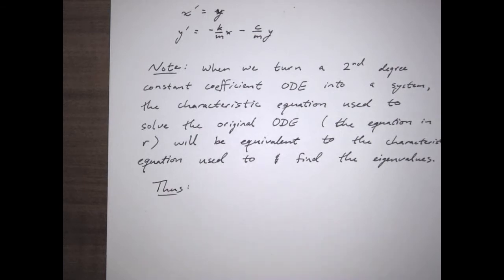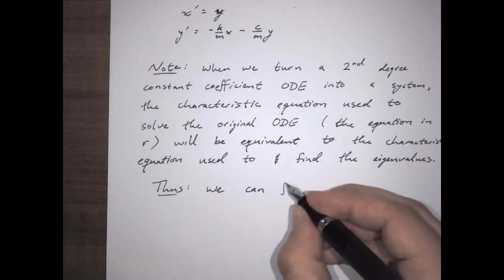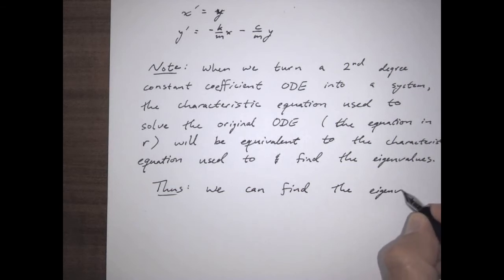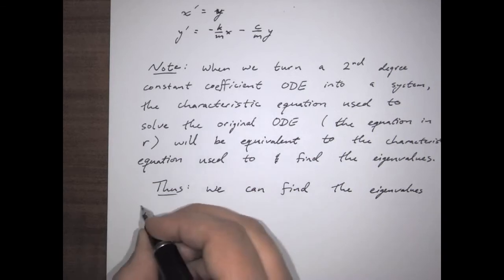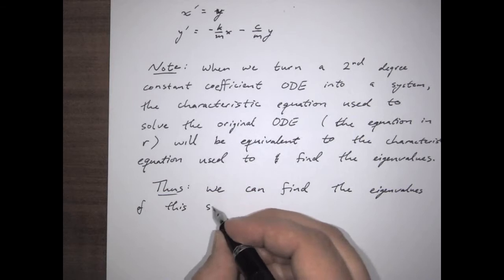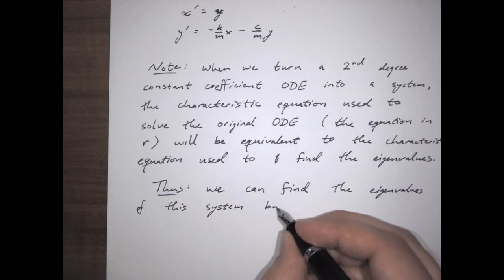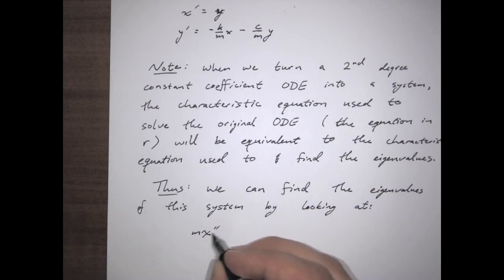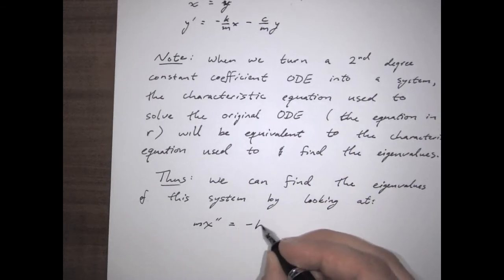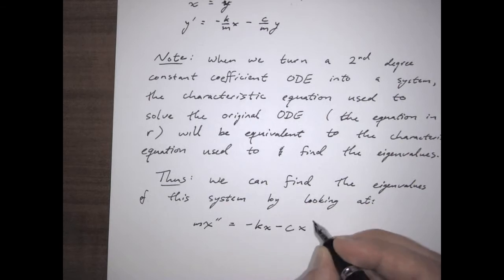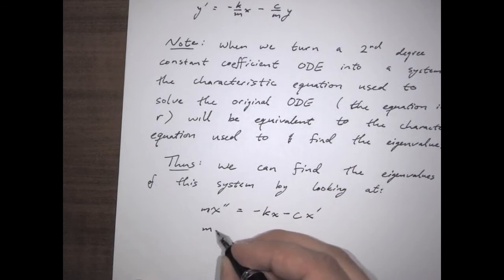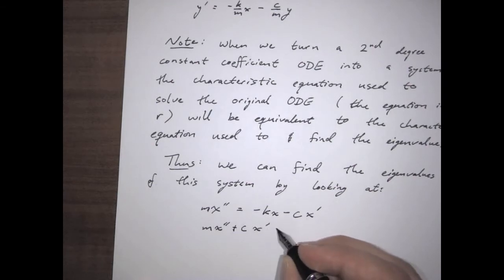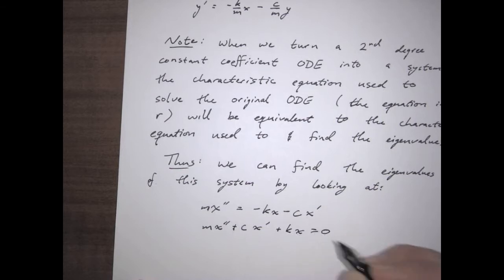So thus, we can find the eigenvalues of this system by looking at the mx double prime equals negative kx minus cx prime version of things, which will then be mx double prime plus cx prime plus kx equals 0.